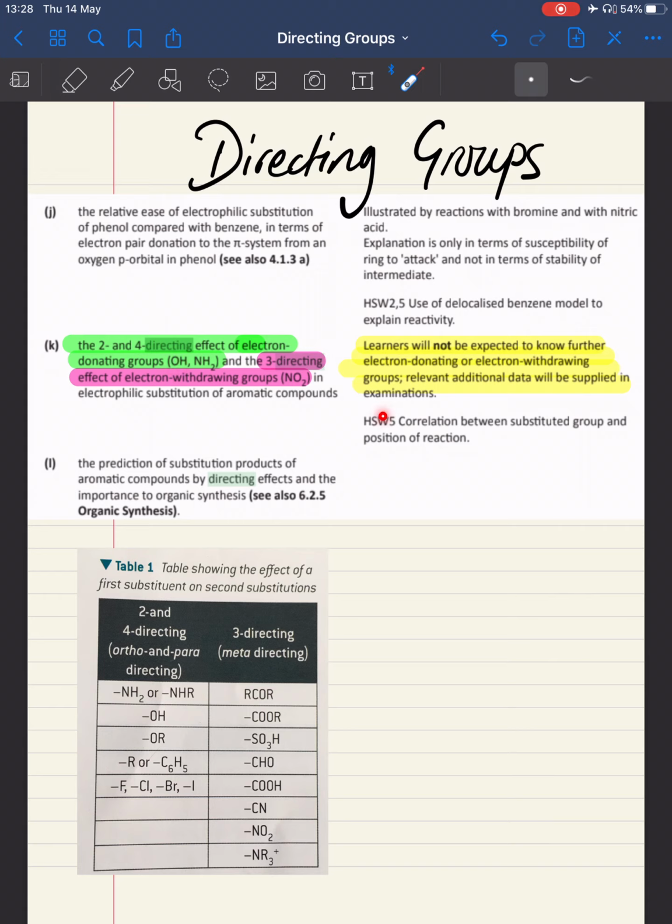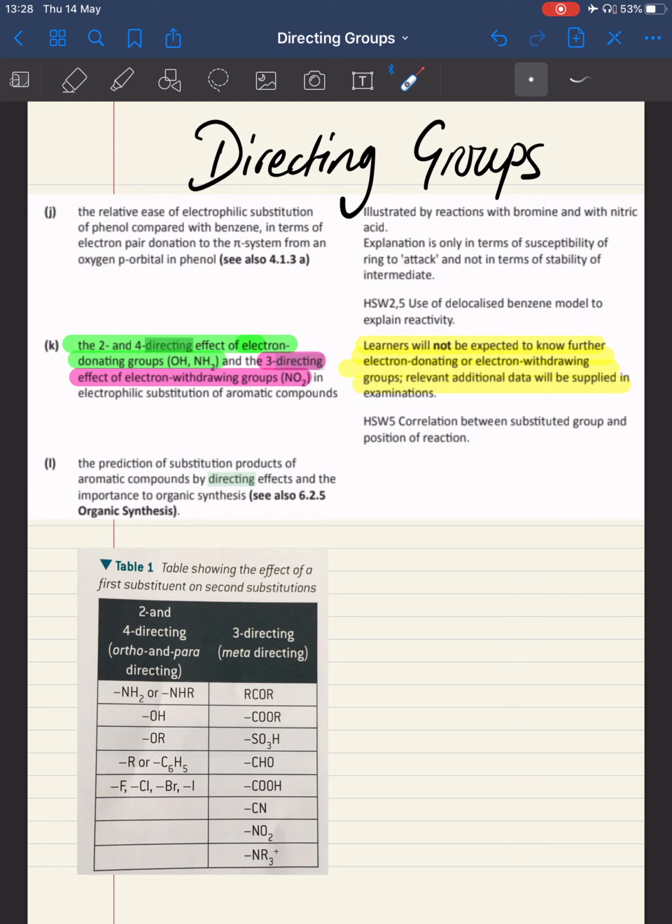Really important is this little yellow bit here on the specification, that you will not be expected to know further donating or withdrawing groups, but, and this is the interesting bit, relevant additional data will be supplied. So you'll get a table something like this. You know about 2,4 directing for OH and NH2, or withdrawing for NO2.